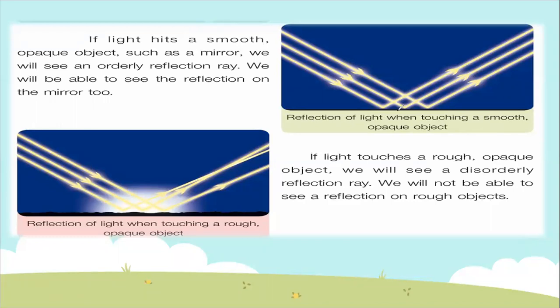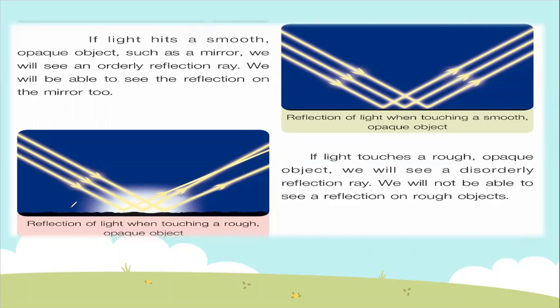So if it is a smooth surface, we will see an orderly reflection ray. We will be able to see the reflection on the mirror too, and the reflection will be at the same angle. You can see in the picture, the light hits the smooth opaque object and reflects in the same line.